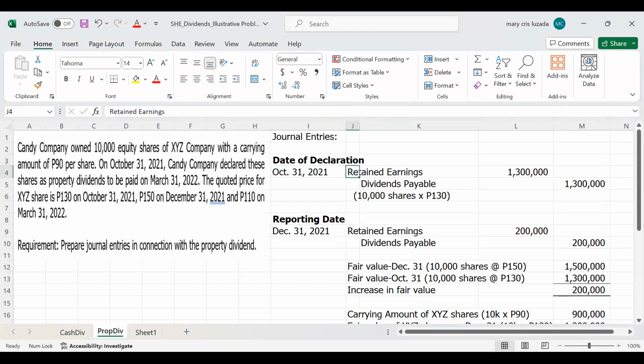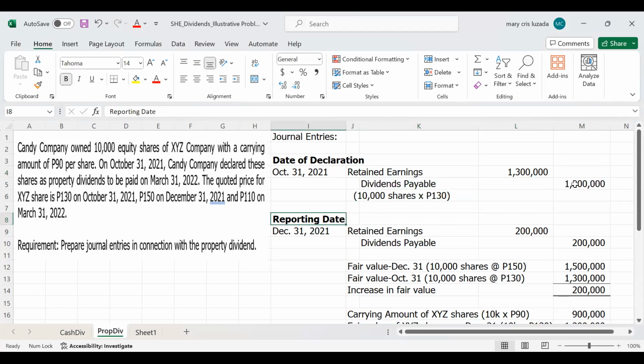So in this case, the fair value of that non-cash assets, kasi yung non-cash asset natin is yung investment in equity shares natin kay XYZ company. So ang fair value nun during the date of declaration, which is October 31, was 130. So that's why we debit no retained earnings at 1.3 million. Then yung credit dividends payable at 1.3 million kasi that's 10,000 times 130.